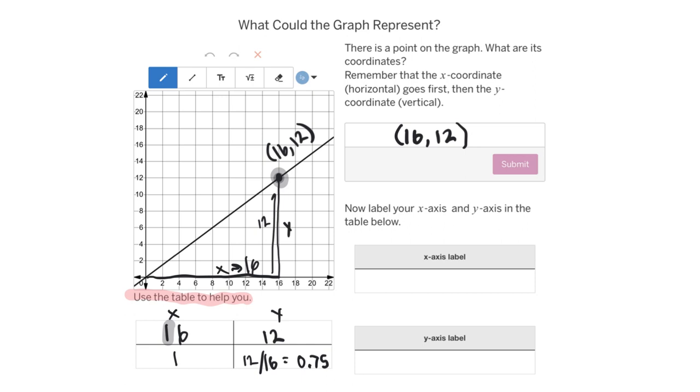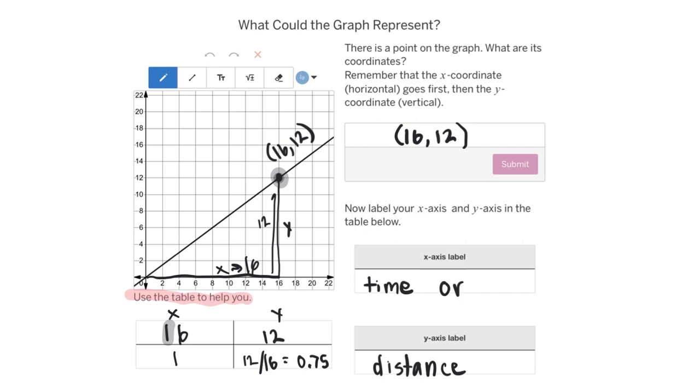So you can label your x and y axes whatever you want in the table below. I like for every, maybe it's your time, and your y-axis label could be distance. So there you go. And you can have so many other options. It's just whatever you want.